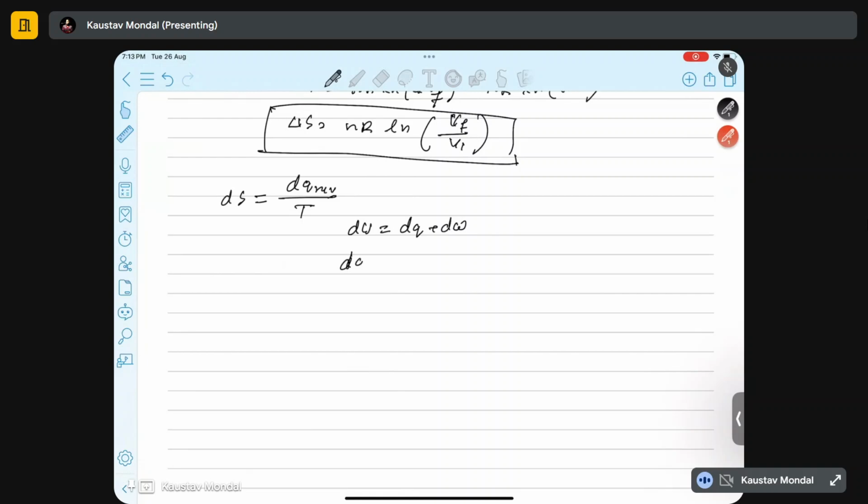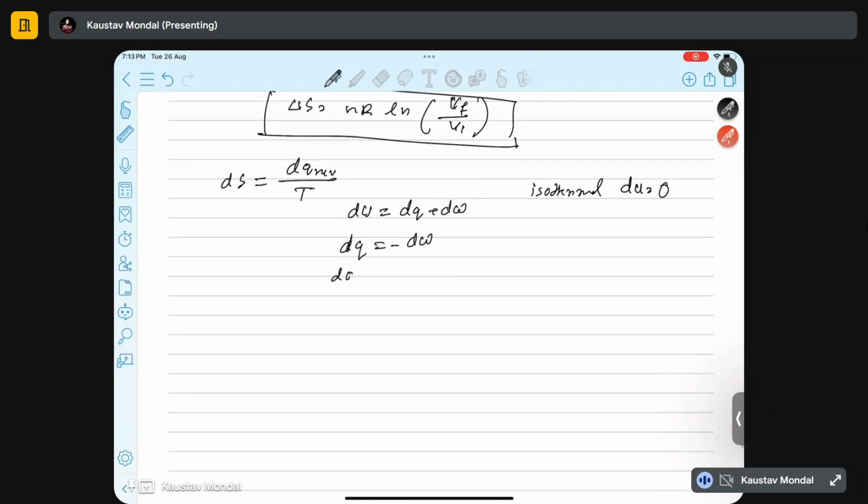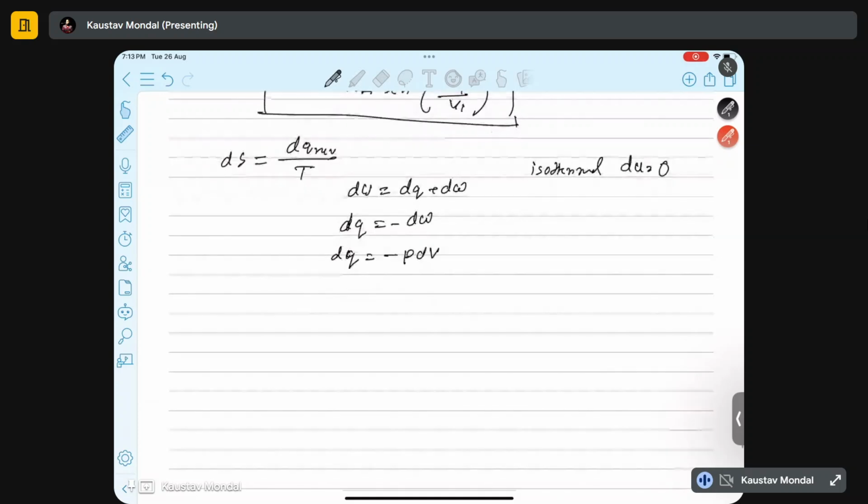So dq equal to, now for isothermal, let's consider the isothermal case. Isothermal means dU would be equal to 0, so dq would be minus dw, right? dw is nothing but pdV. Now for p, you can write pV equal to nRT.